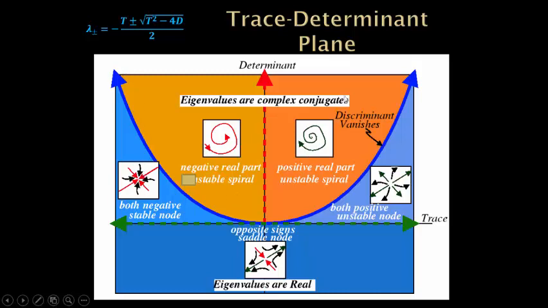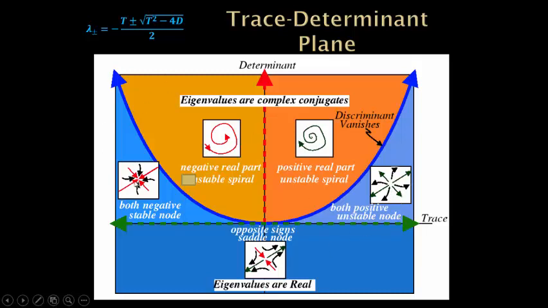Keep in mind this parabola is given by d equals 1/4 t squared. It's just like a parabola you deal with in algebra, but it's in terms of the determinant and the trace. In these two spaces, you're going to have real eigenvalues, but you'll either have stable tendencies or unstable ones, so these would be sinks or sources.